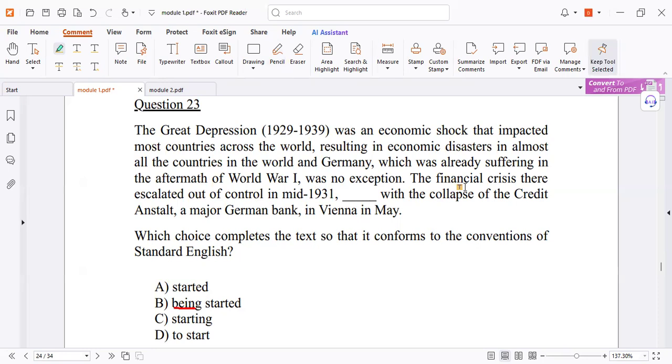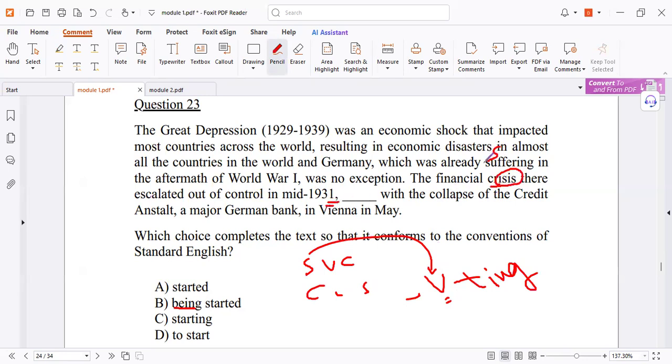Again, let's remind something. Do you remember the present participle phrase, verb plus ing? It follows a complete sentence: subject, verb, complement. This verb action happened by this subject in the financial crisis that escalated out of control. In "being started the crisis", the subject is being started.